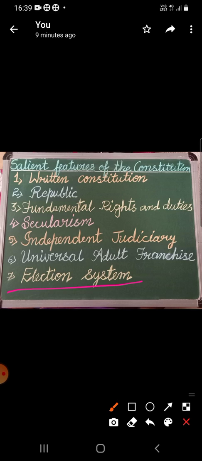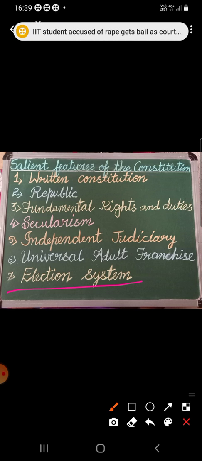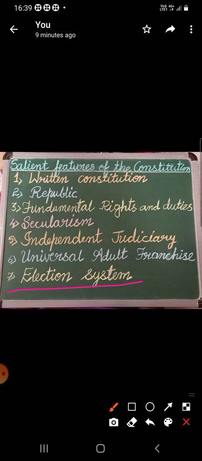In the past 6 decades, periodic elections have been conducted. See, I have told you from the year 1951 to 52. Just imagine now it is 2021, how many years it has gone. So, in India periodic elections have been conducted.